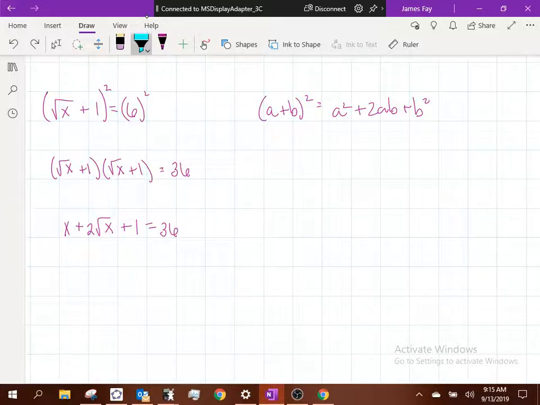What do these both have in common? 1. And then we get 4x plus 1, x minus 1. x will be negative 1/4, and x will be positive 1.